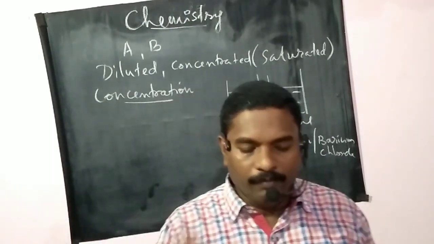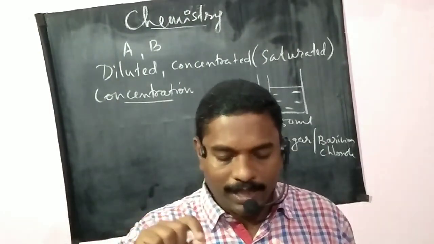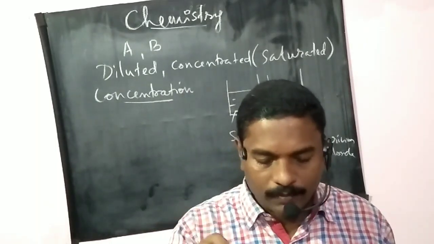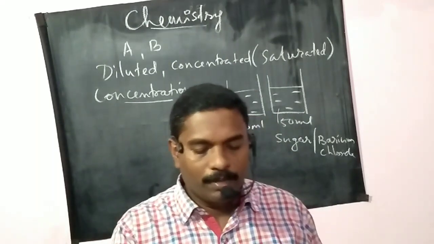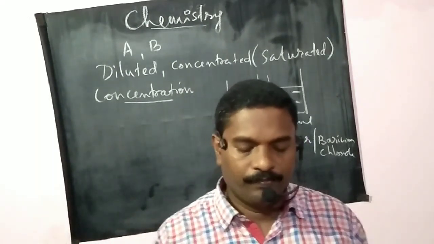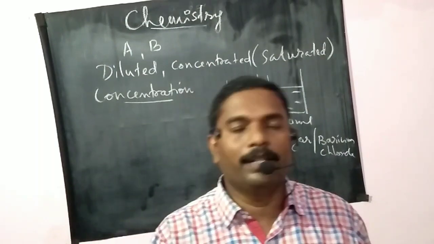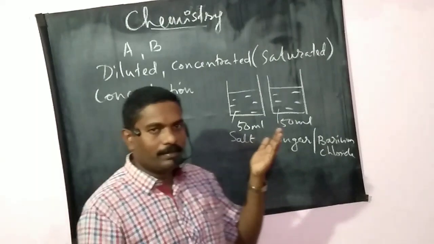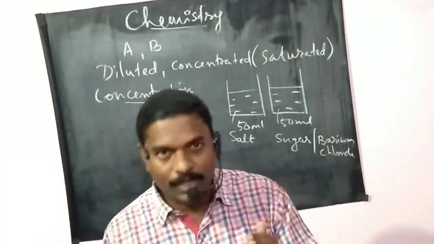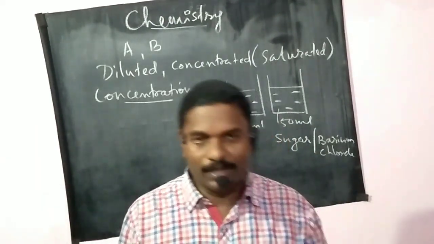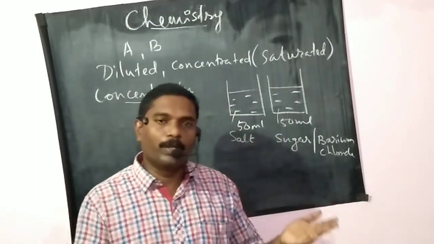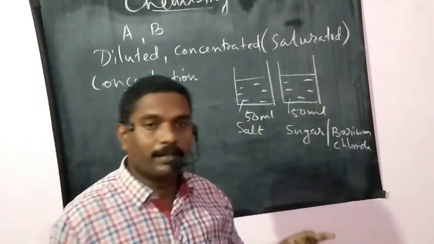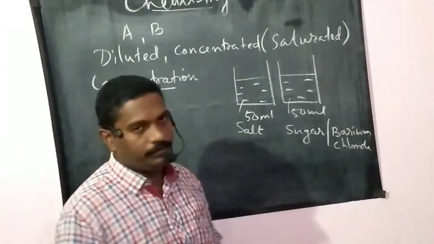See, when no more solute can be dissolved, heat the contents of the beaker to raise the temperature by about 5 degrees Celsius. Start adding the solute again. As we know, by adding a limited quantity of solute to the solvent, that is to the water, it will dissolve, no doubt. By adding more and more solute, it may take more time to dissolve.